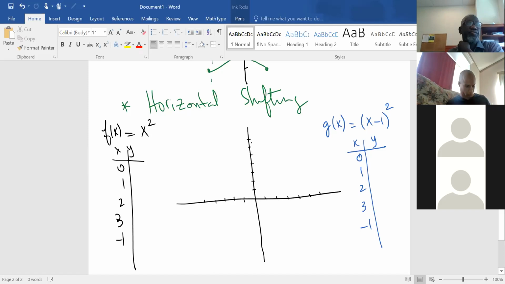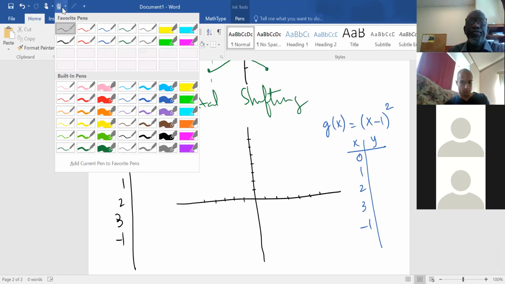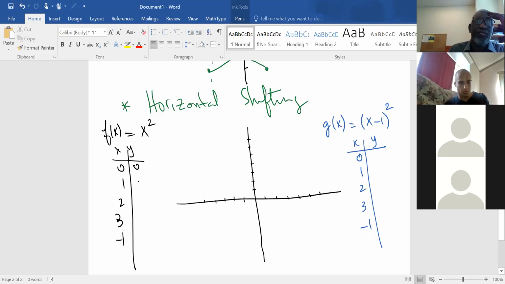Right here, f of 0 is 0, f of 1 is 1, f of 2 is 4, f of negative 1 is 1, f of negative 2 is 4, etc.